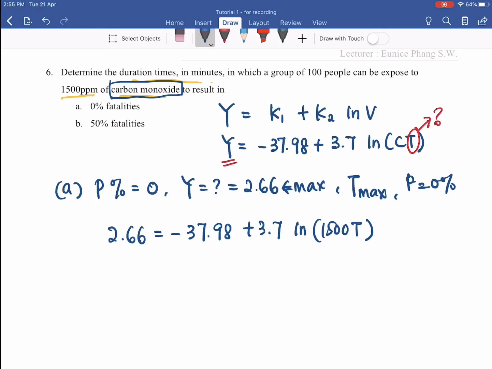So you get something like 1500T equals e to the power of (2.66 plus 37.98) divided by 3.7.